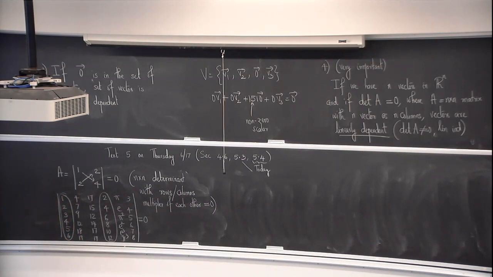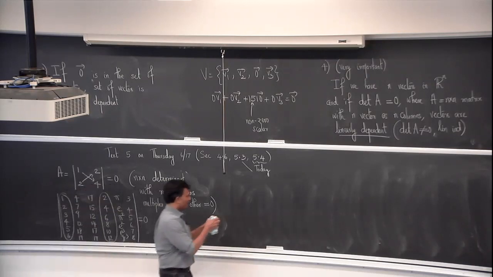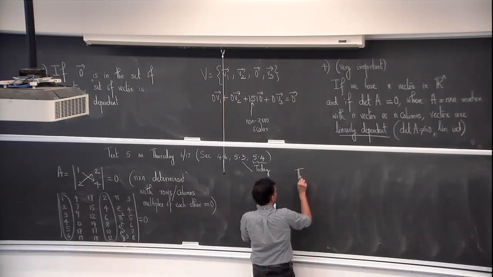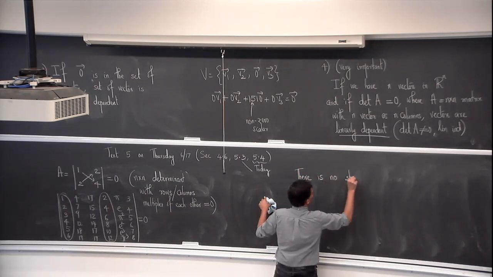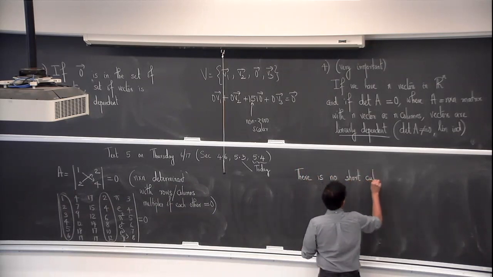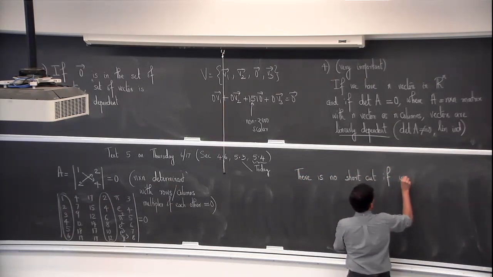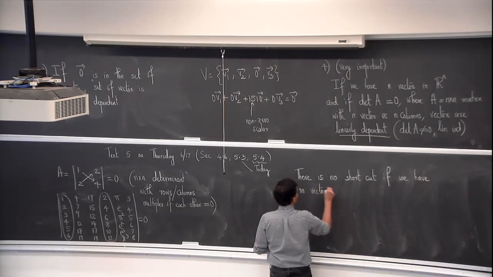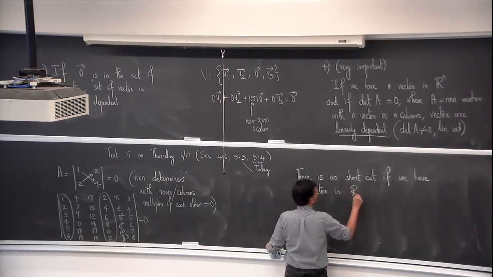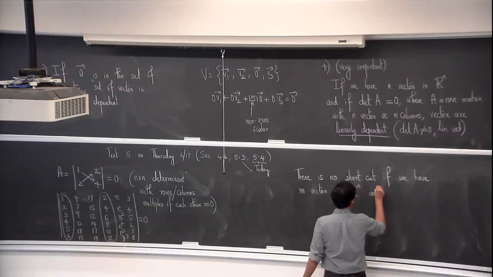There is one particular case which I did not address. Which case is that? M is less than n. Okay, so be careful here. There is no shortcut if we have m vectors in Rn, and if m is less than n.